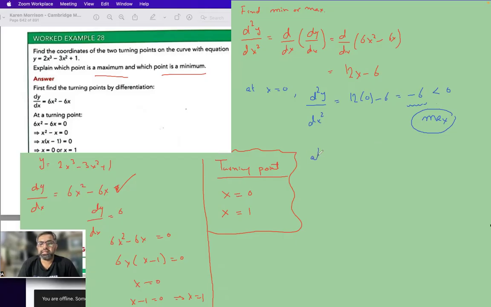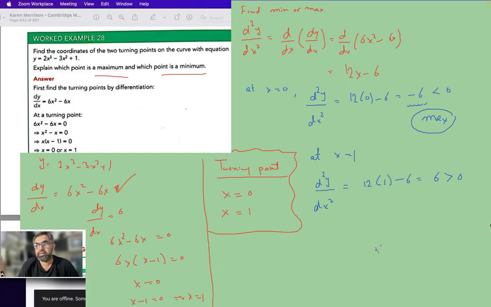And the other turning point is at x is equal to 1. Then our second derivative, d squared y by dx squared, is 12 into 1 minus 6. 12 minus 6 is equal to 6, which is positive. So it means the rate of change of slope is positive.